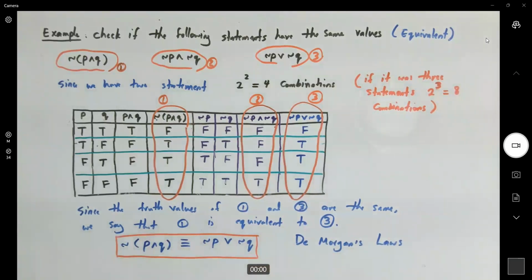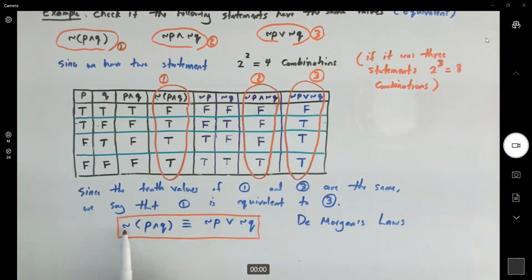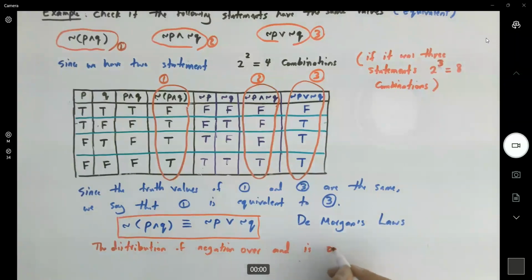If we distribute the negation over and, it becomes or.